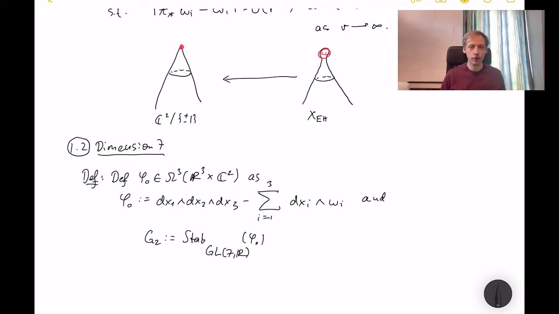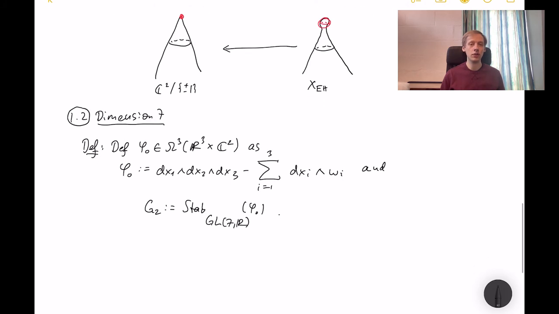Now that's the linear algebra picture. So that's on R7. And just like for metrics, you can now define what's a G2 structure on a manifold.